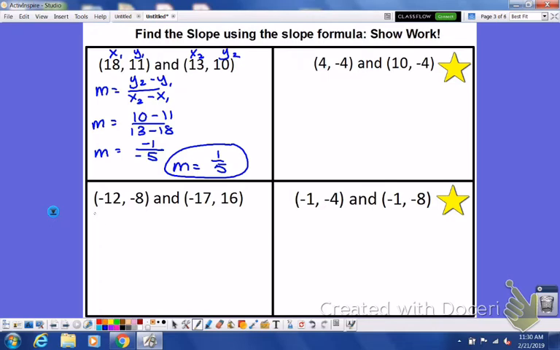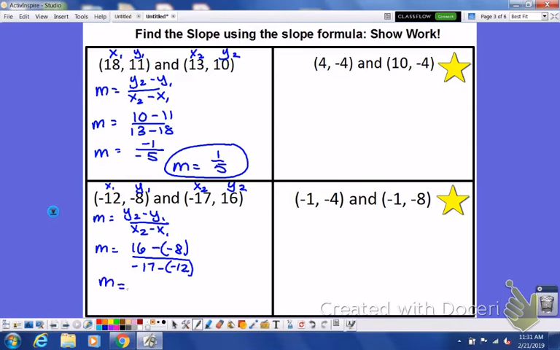If I drop down to this one, again, start with our formula. Substitute in. We go back and label them real quick. y2 is 16 minus negative 8 for our y1. x2 is negative 7 minus a negative 12 for our x1.